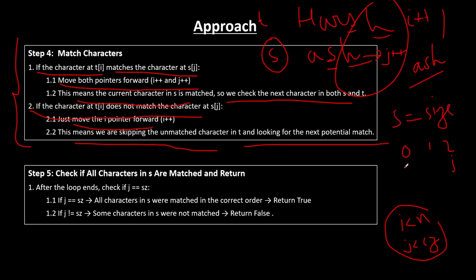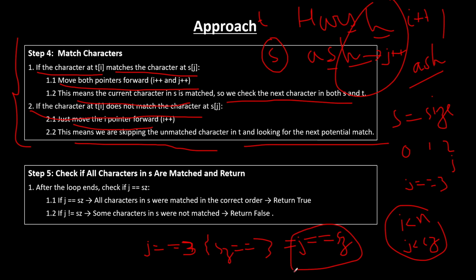Now, J is equal to 3 in this case. And the value of N is also 3. Okay, let me write it here. Now, J is equal to 3 and N is also equal to 3, right? And I mean to say, size for the subsequence string will be J. So if J is equal to SZ, which is a transitive property, it means we have iterated the subsequence S, right?